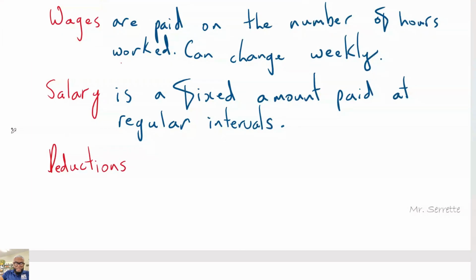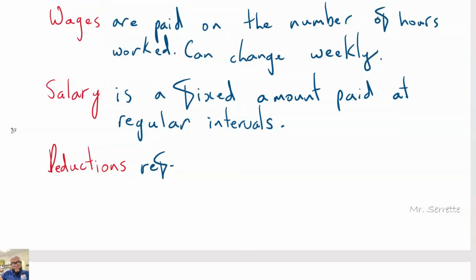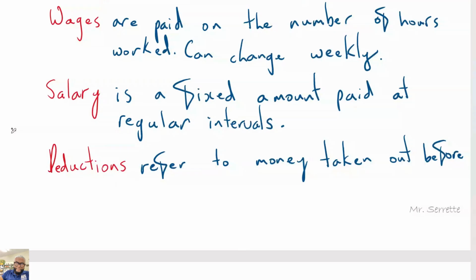Deductions. Right? So deductions refer to money taken out before a person is paid. Right?